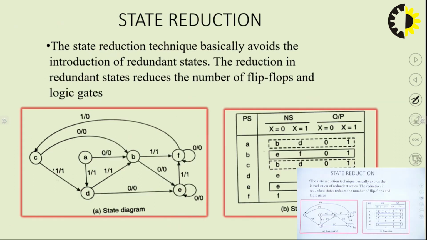Now coming to the state reduction technique. So here we have this state diagram, and in this state diagram we can see one diagram is given which is having the 6 states A, B, C, D, E and F. So A, one state, second, third, fourth, fifth and sixth.